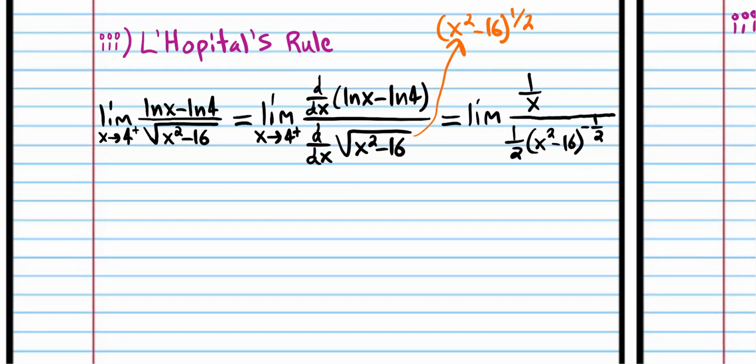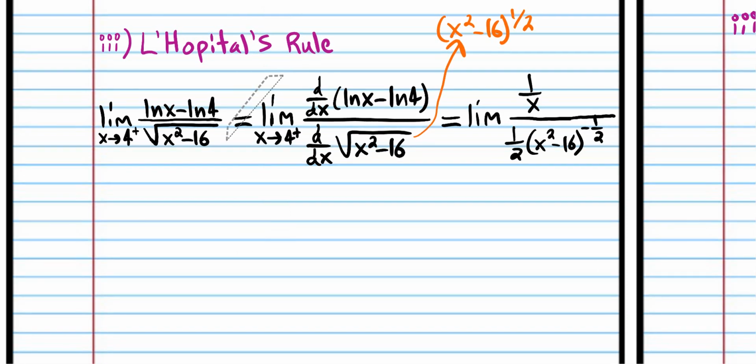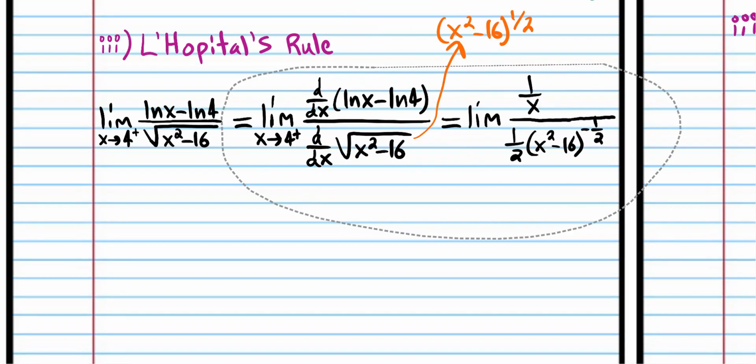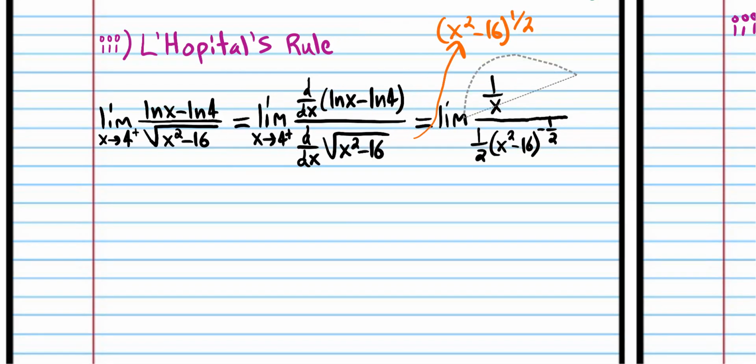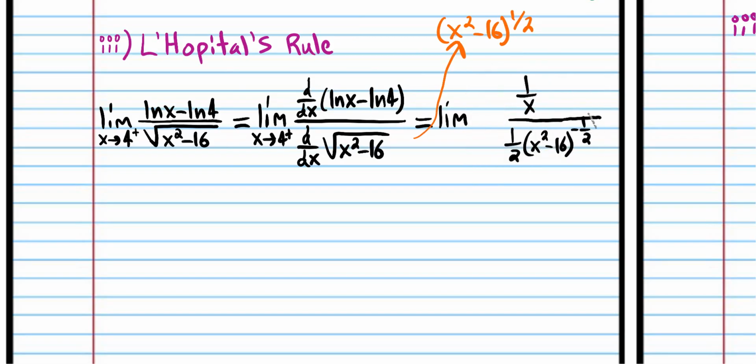And you have to use the chain rule because we have a function inside another function. So we have to multiply by the derivative of x squared minus 16, which is 2x.